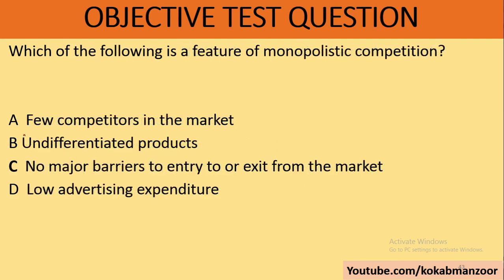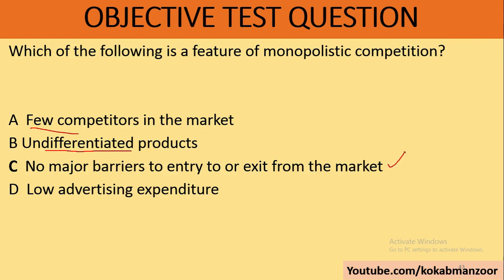Which of the following is a feature of monopolistic competition? Few competitors? There are not few competitors, there are a lot of competitors. Undifferentiated product? No, they are differentiated products. In perfect competition, there are undifferentiated products, right? No major barriers to entry and exit?